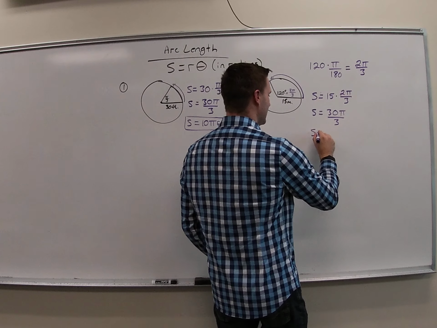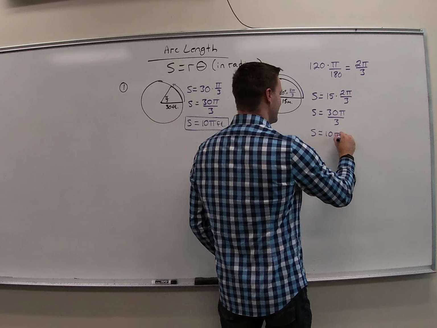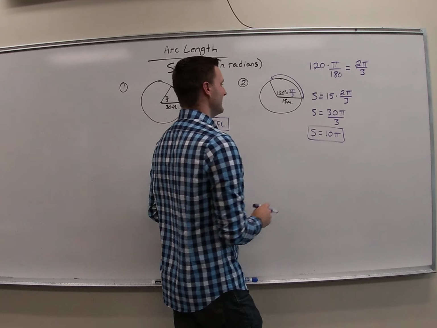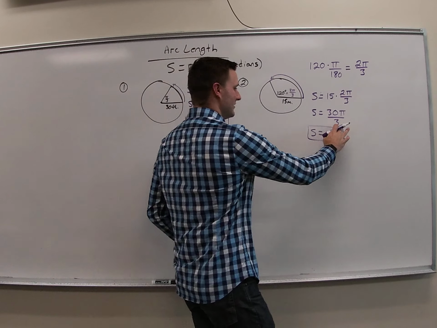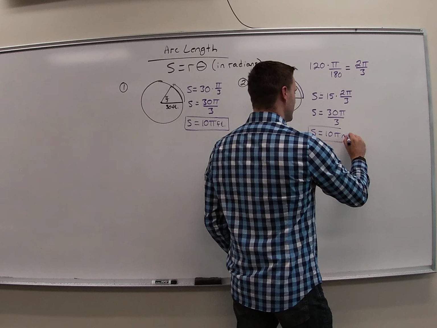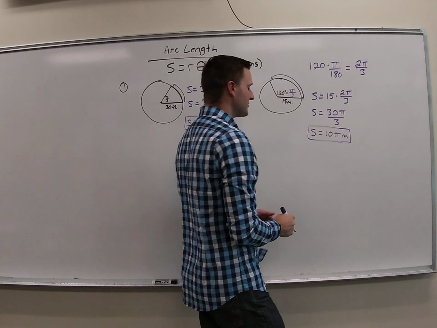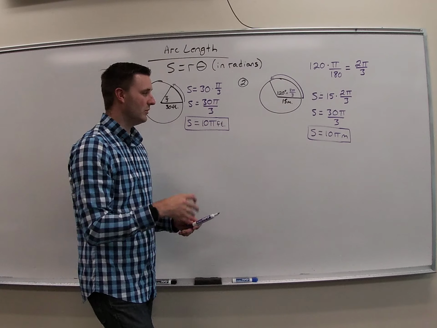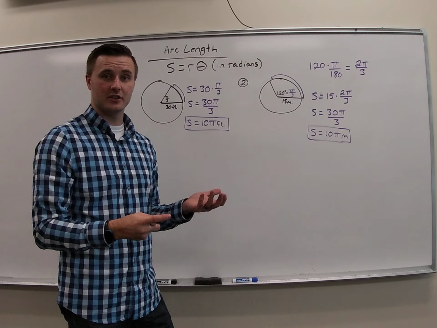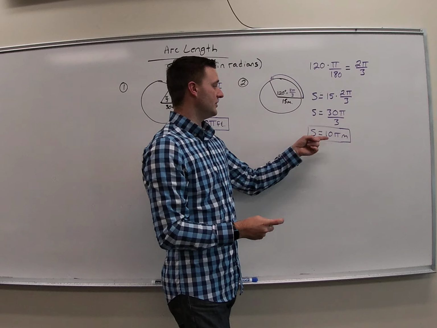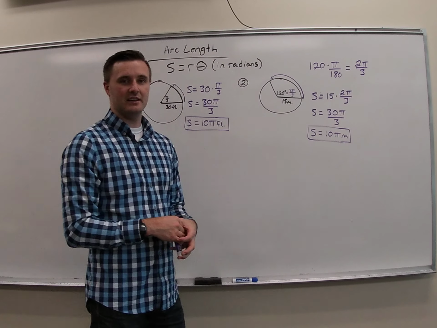Our final answer, again, is 10 pi. It's a similar situation, but again, we need to label this, so this would be meters. If they want you to go to a decimal place, then plug that in using the pi symbol in your calculator. If it doesn't ask for the nearest decimal point, then you can just leave it as 10 pi meters.